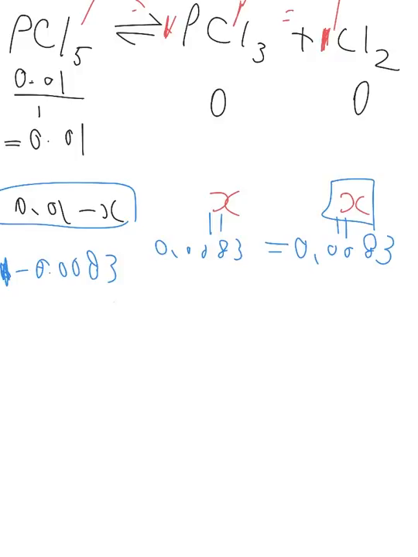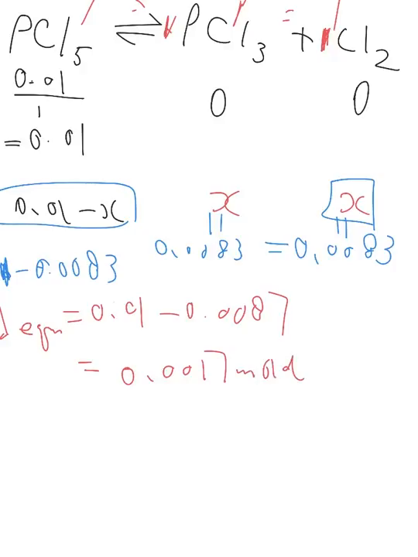Right? So part A, you want to find out the equilibrium concentration of PCl5 and PCl3. So you may write down for PCl5, the equilibrium concentration will be 0.01 minus 0.0083, which is 0.0017 mole per dm cube.